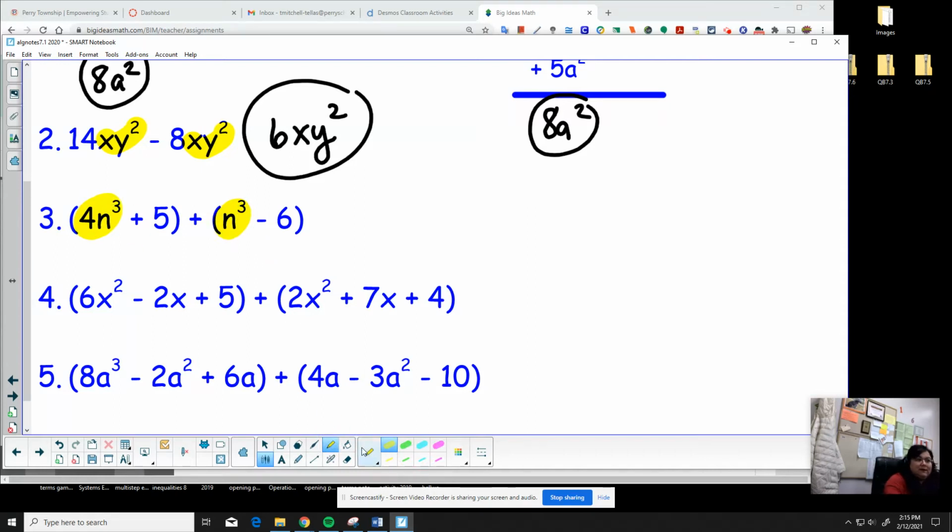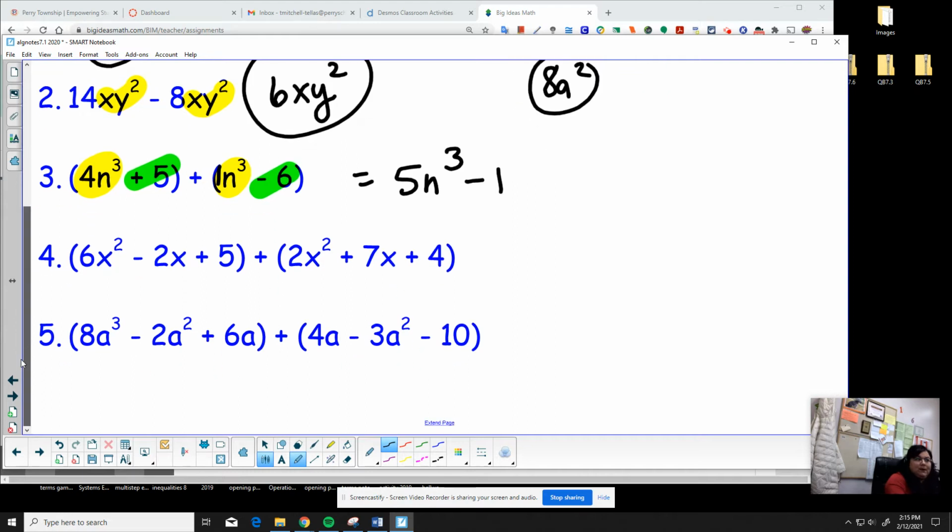So where these two are like, remember there's a 1 here, I'm adding 1 and 4 is 5n to the third. And then here I'm adding positive 5 and negative 6. Those are constants because they don't have a variable. So that's negative 1. Why don't you press pause and try 4 and 5 and see if you can come up with it? Remember, you're adding the coefficients on ones that are alike.